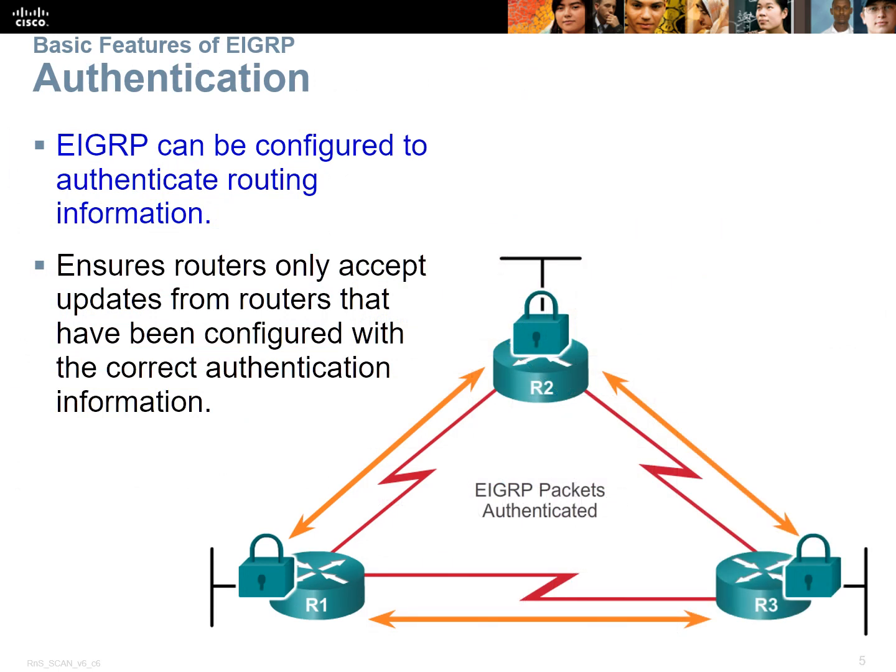EIGRP supports authentication, which is a really useful tool. But this is not encryption. This is a way we can set up a trust to say, yes, router 1 trusts router 2, router 1 trusts router 3. So you can still sniff out these packets, and you can still learn how the network's put together.